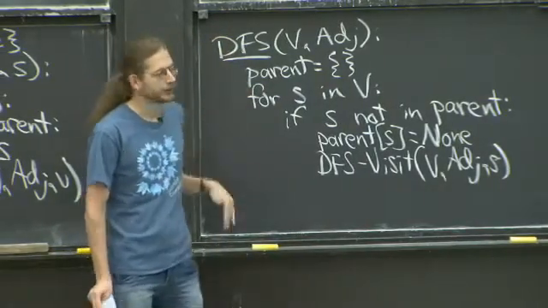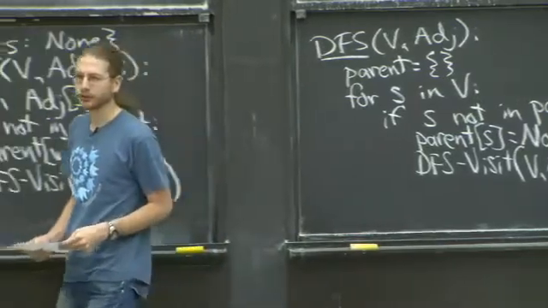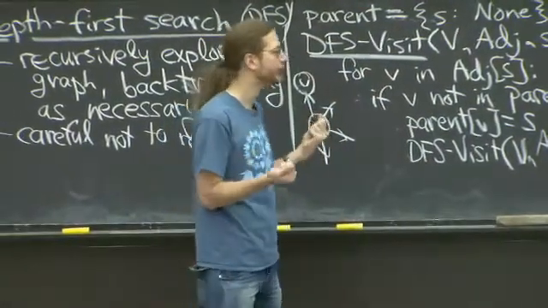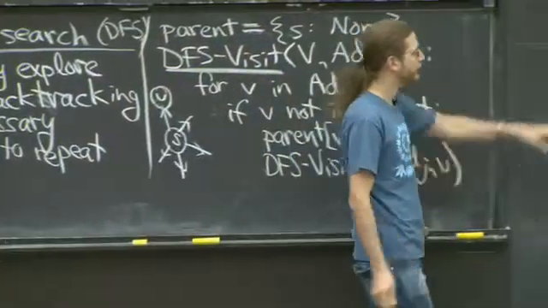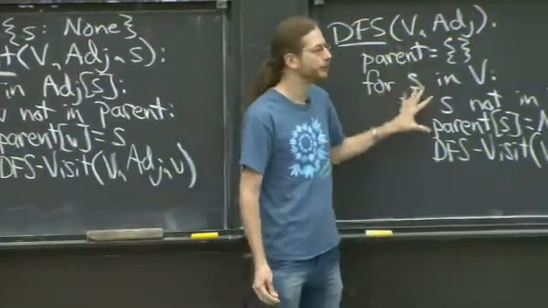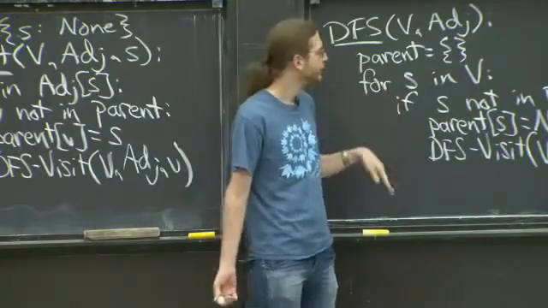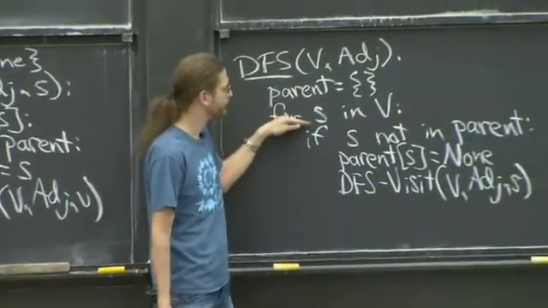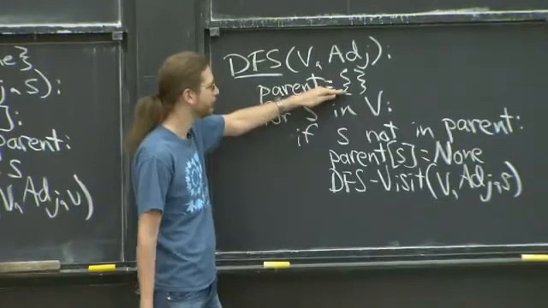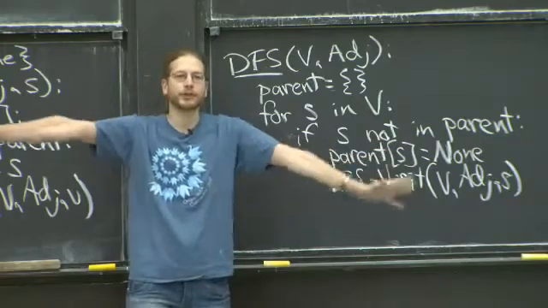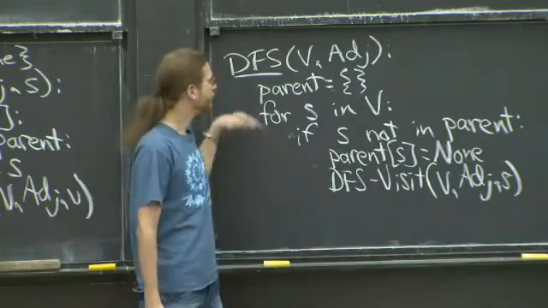So the idea here is we don't really know where to start our search. If it's a disconnected graph or not a strongly connected graph, we might have to start our search multiple times. This DFS algorithm is finding all the possible places you might start the search and trying them all. So it's like, OK, let's try the first vertex. If that hasn't been visited, which initially nothing has, then visit it recursively, everything reachable from S. Then you go on to the second vertex.